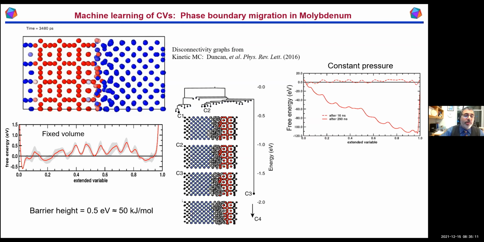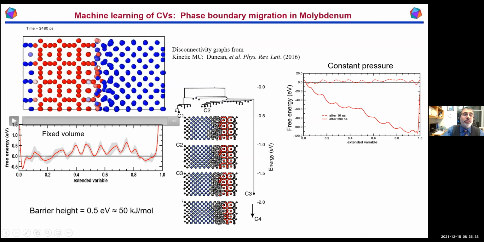All right, barriers. The meaning of the barrier here is the work, or the free energy, that's required to transform a layer in your crystal from one phase to the other. And if that barrier is right, then you can use that to estimate the kinetics of any one of these transitions.